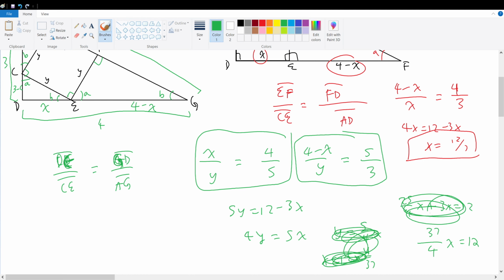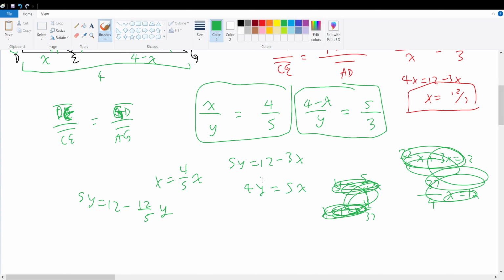Sorry about this. So that means x is equal to 4 over 5 y. If x is 4 over 5 y, then 5y is equal to 12 minus 12 over 5 y, because we simply substituted x equals 4 over 5 y into this formula right here. So after we do this, we know that 5y plus 12 over 5 y is equal to 12.